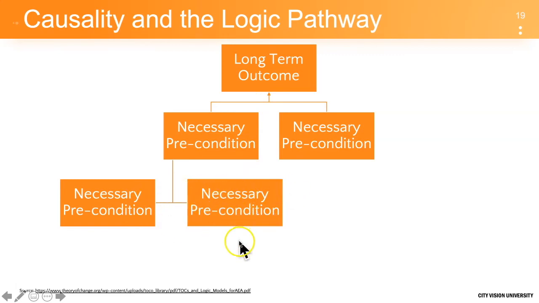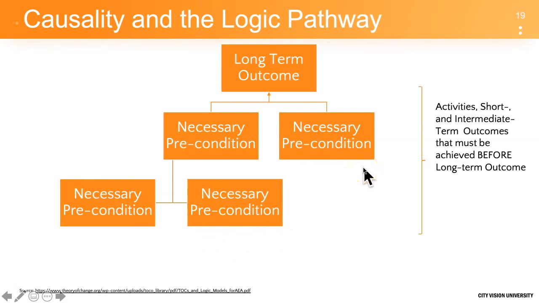Well, the precondition is you have to have an activity to bring that about. So here's the language over here: activities, short and intermediate term outcomes that must be achieved before the long-term outcome. So again, it's a sequence of activity where one step leads you to the next step. No gaps in between.